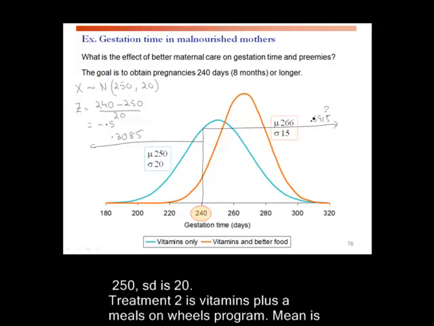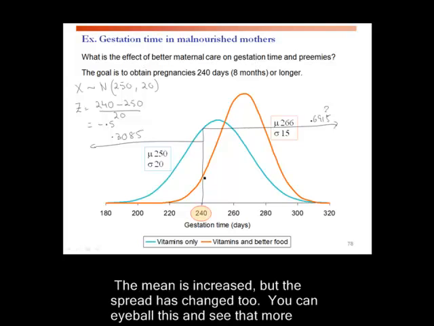Can you do the same calculation for the one with vitamins and better food? What we want to do is calculate, therefore, this area. Agreed? So let's standardize. We know that X is normal with mean 266 and standard deviation 15.